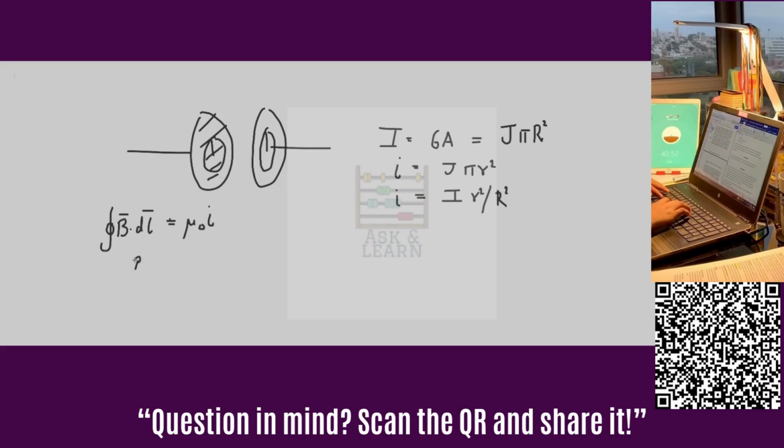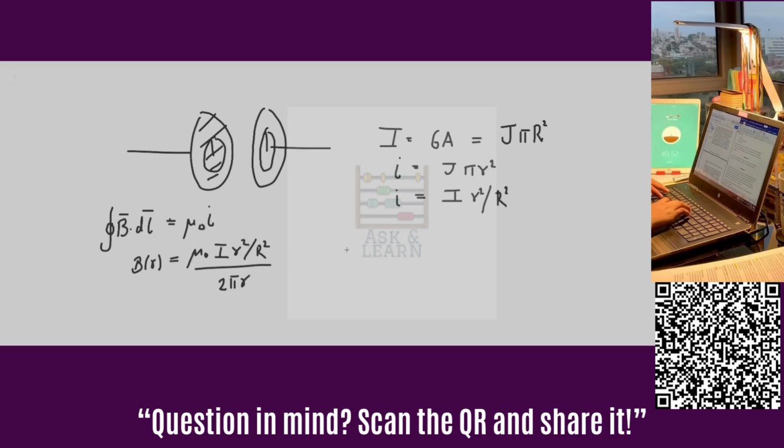So the magnetic field at a radius r is defined as mu naught I, where we substitute for I, which is r square over capital R square, divided by the entire loop dl. dl is the line element, so the entire loop is the perimeter, which is equal to 2 pi small r.